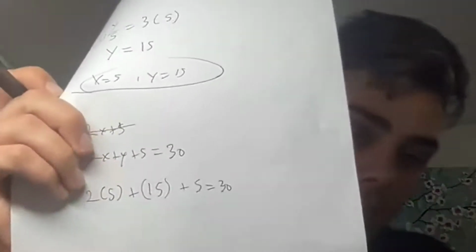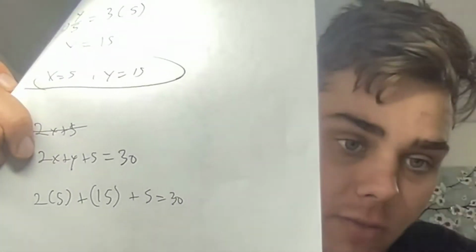If we substitute back in these values, x is 5, so it'll be 2 times 5 plus 15 instead of y, plus 5 equals 30. This is just substituting back in those x and y values.